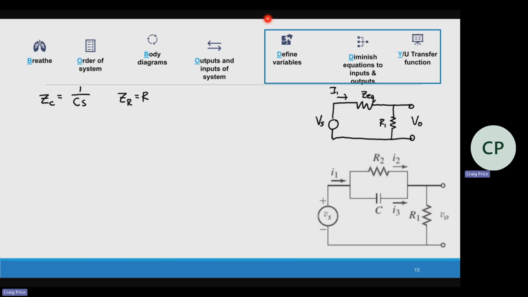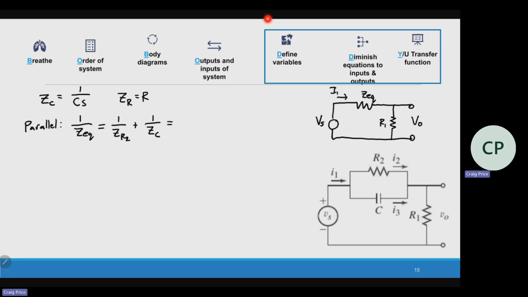And Oliver, you were saying, how do we do that if they're in parallel? Yeah, so for parallel, it's going to be 1 over Z equivalent equals. So we're going to add all the reciprocals together. So I've got an impedance of R2, and I have an impedance of C, capacitor.